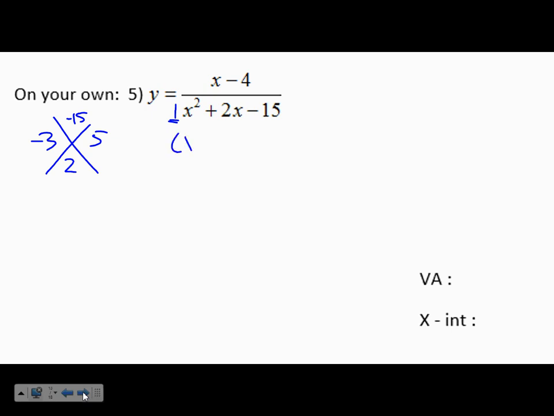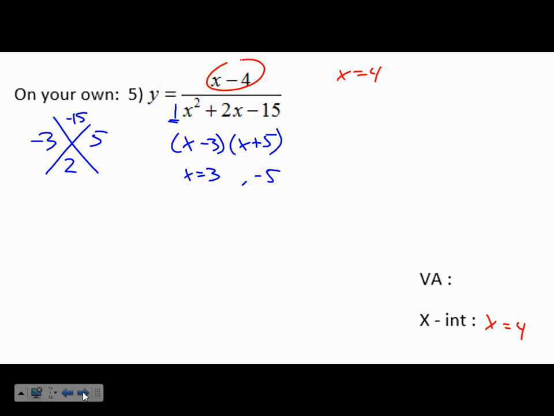That's good. So x minus 3 times x plus 5. So what makes my numerator 0 is my x-intercept? Well, that's going to be positive 4. x equals positive 4. And for our denominator, we get positive 3 and negative 5.